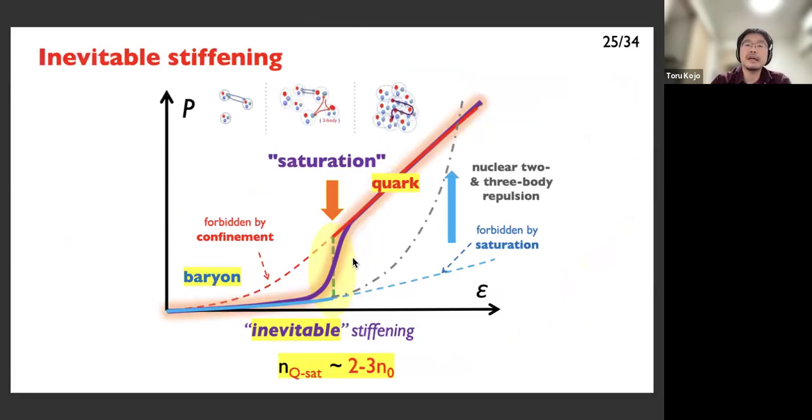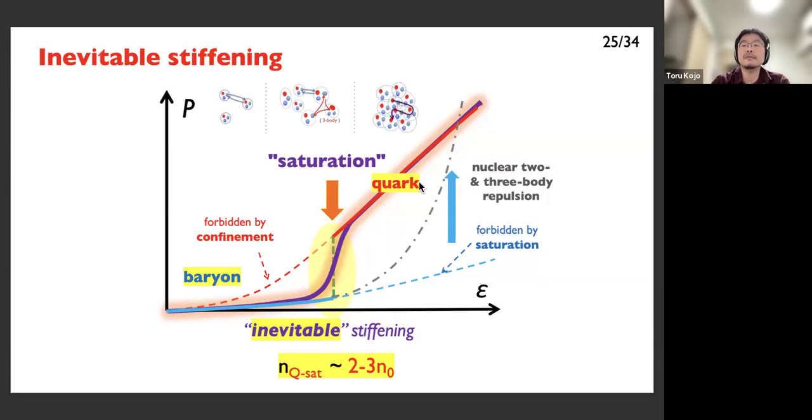And this is another schematic summary: pressure versus energy density. If we pretend baryonic descriptions are valid forever, then the baryonic equation of state remains very soft. In order to change this situation, many people introduce many-body repulsion to make the equation of state stiffer.